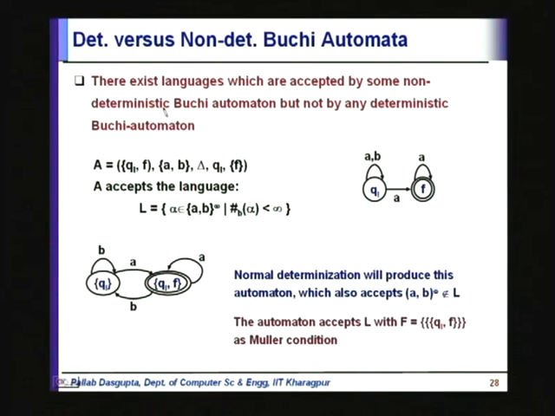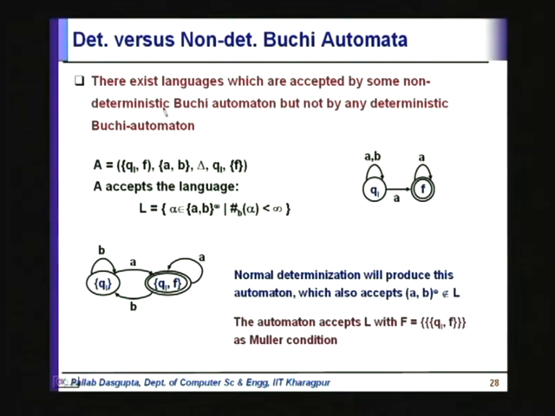Now, this is the interesting thing. There exist languages which are accepted by some non-deterministic Büchi automaton, but not by any deterministic Büchi automaton. Remember that in the normal finite state automata that we studied, the non-deterministic and the deterministic have the same power.